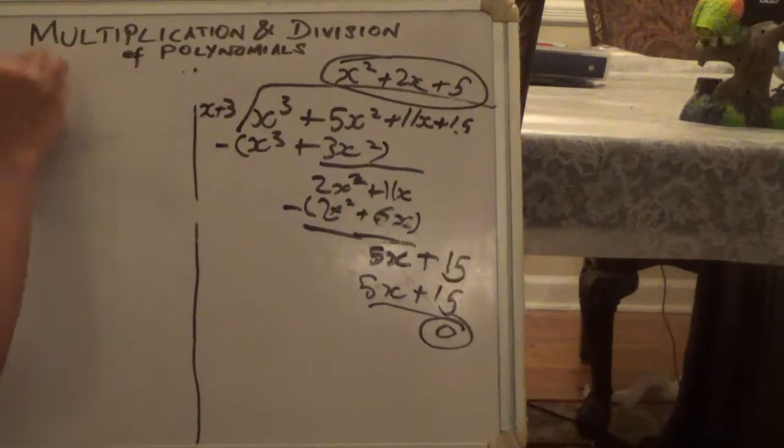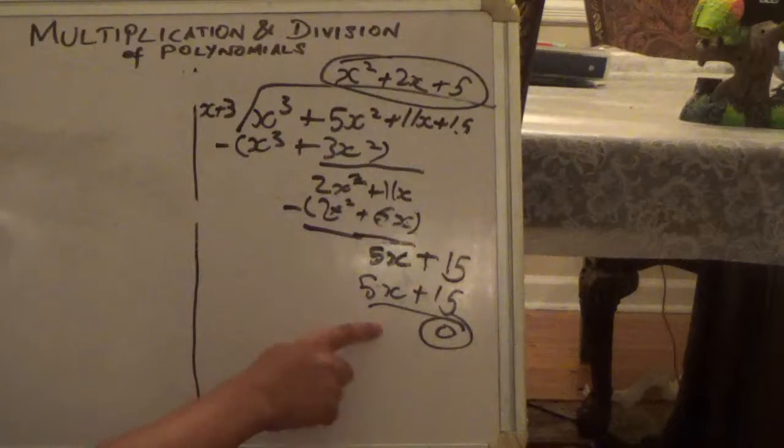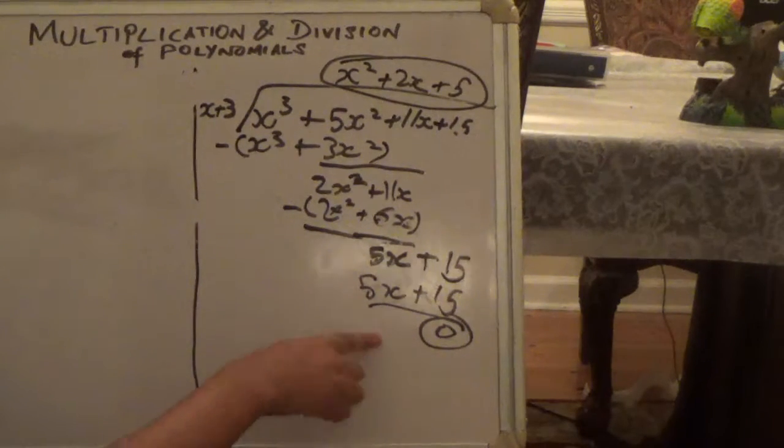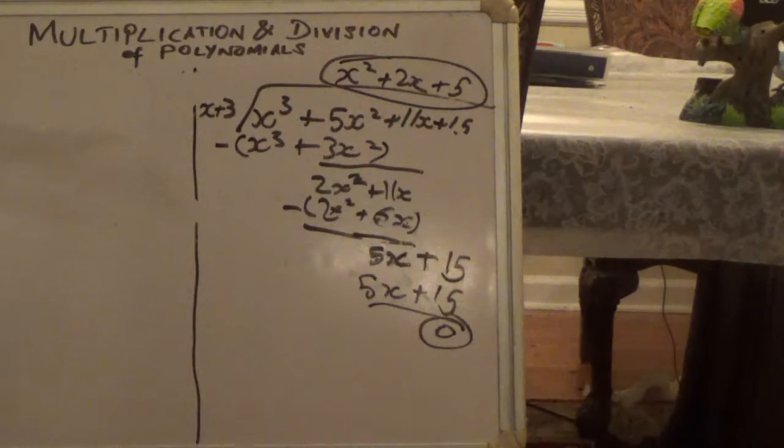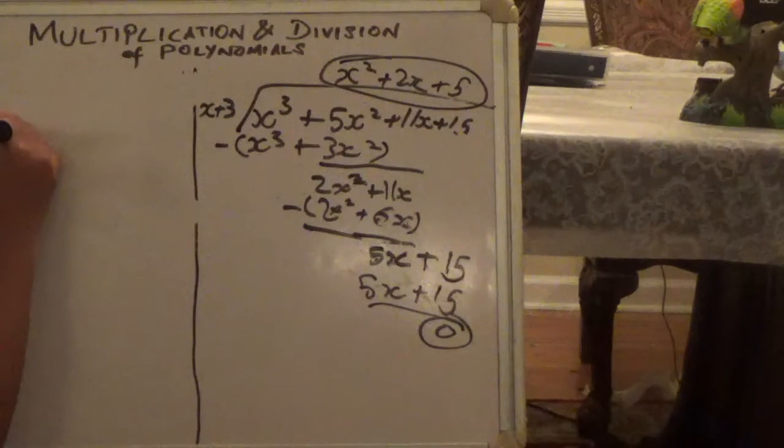Okay. So you might be saying, what'll happen if there's a remainder and it's not a nice sweet 0? We have options for that too. Okay.